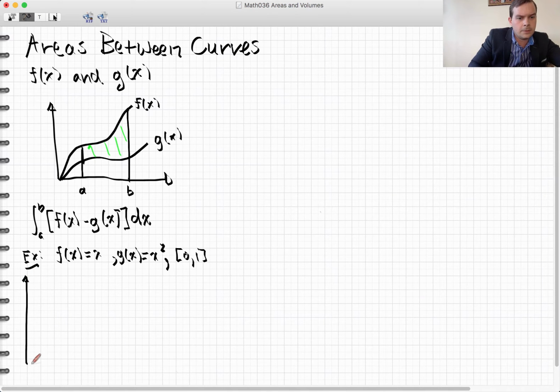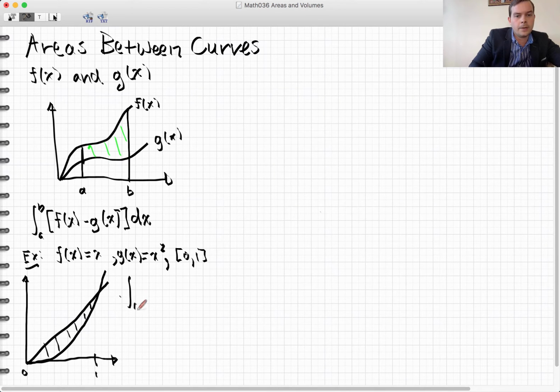So for such problems, it was convenient to draw a graph first to illustrate. The main reason being that we need to figure out which graph is bounding the other graph. So here we wanted to calculate the area of this region, and we know that the function f of x is larger than x squared on this interval 0, 1.